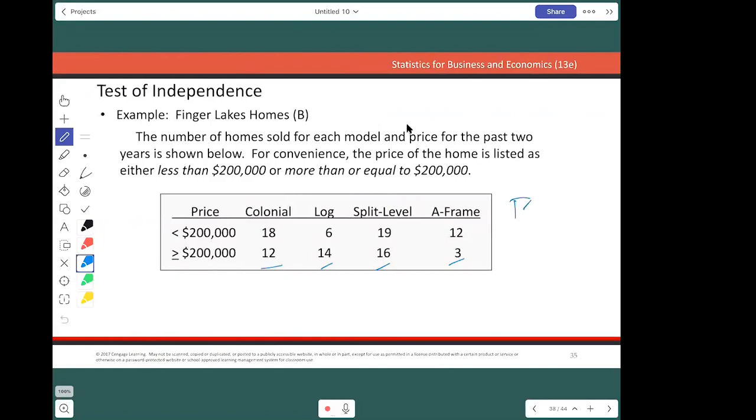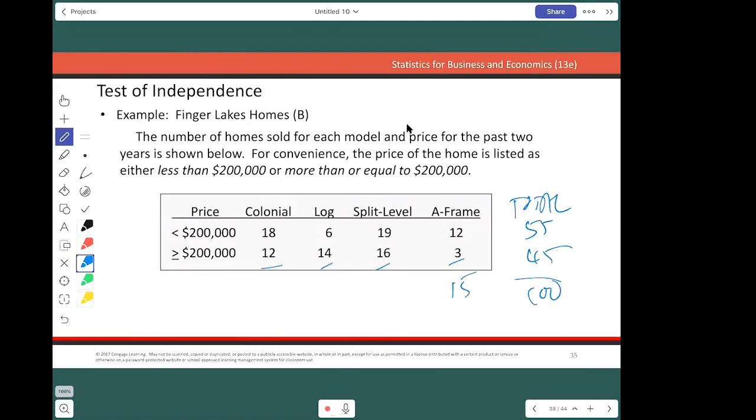We would have to calculate our totals over here, the row totals. So for example, 18 plus 6 is 24, 24 and 12 is 36, 36 and 19 is 55. And then we have 19 and 14 is 33, 33 and 12 is 45. So that's 100 homes.